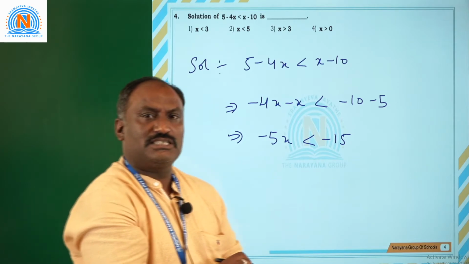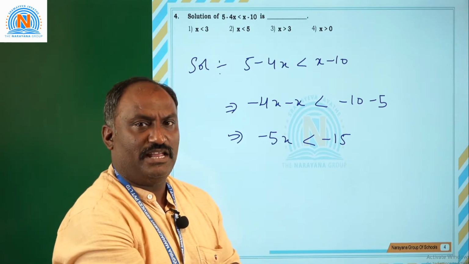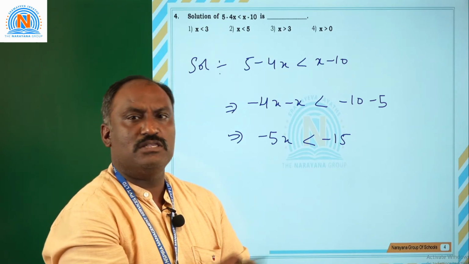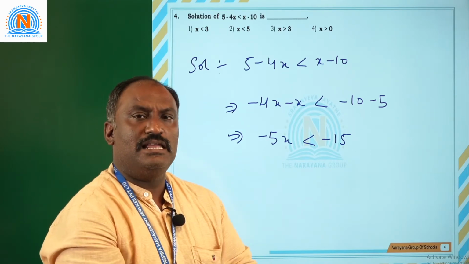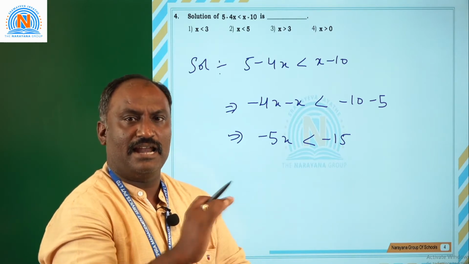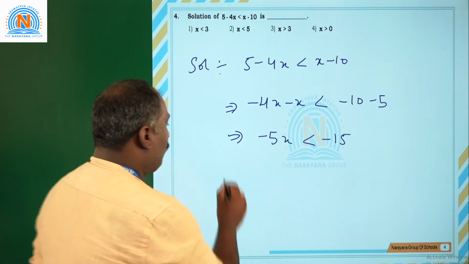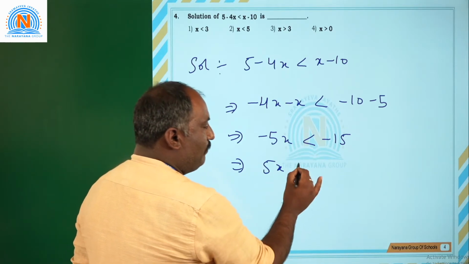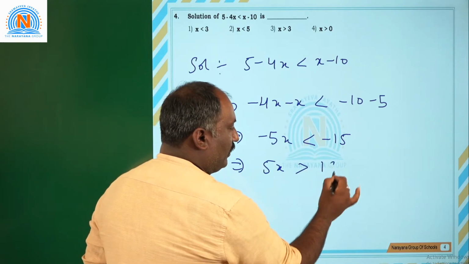In the first sum I have discussed very clearly to you that when we are multiplying minus on both sides, then automatically less than will become greater than and greater than will become less than. From this one I can conclude that 5x less than will be going ahead with greater than 50.